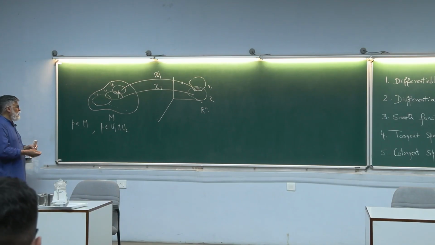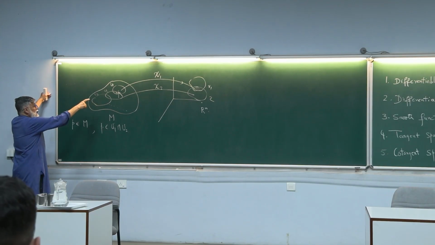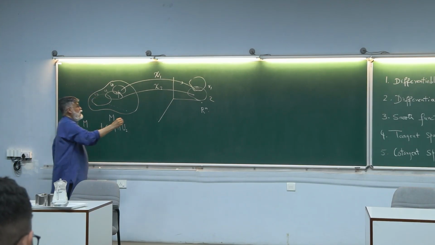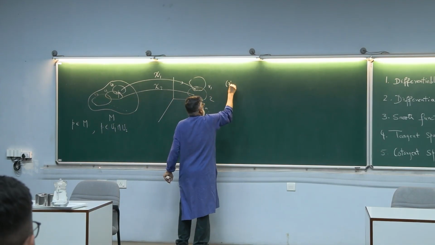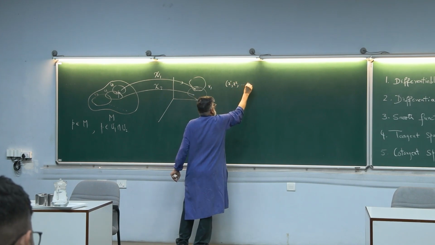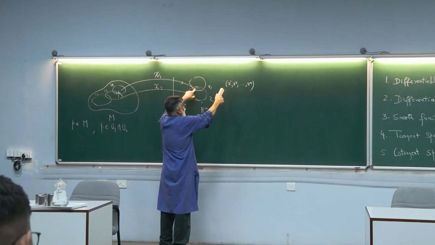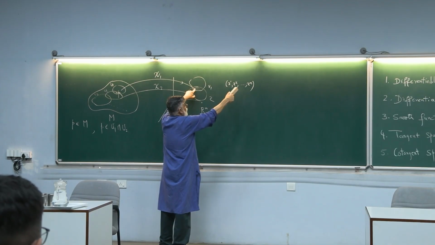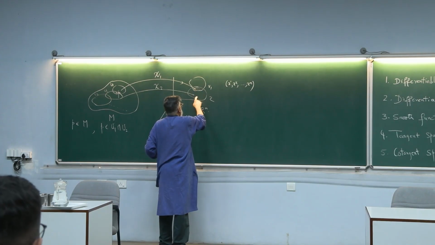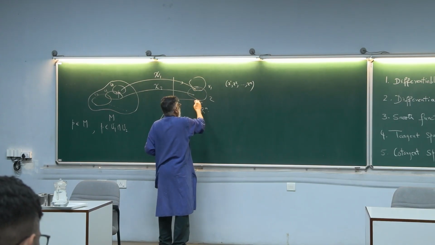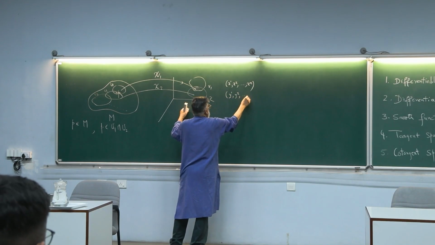In other words, consider this following mapping. P is mapped into, let us say, x1, x2, xn, because it is a point in Rn. This point will have the following n real numbers describing it, but this same point, because it is also mapped by chi2, will have the coordinates y1, y2, yn.